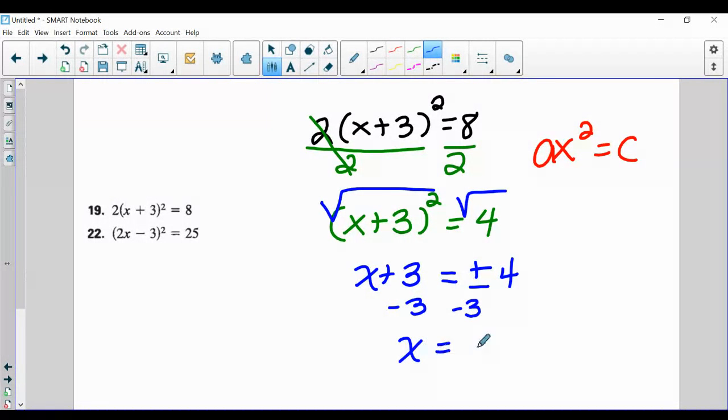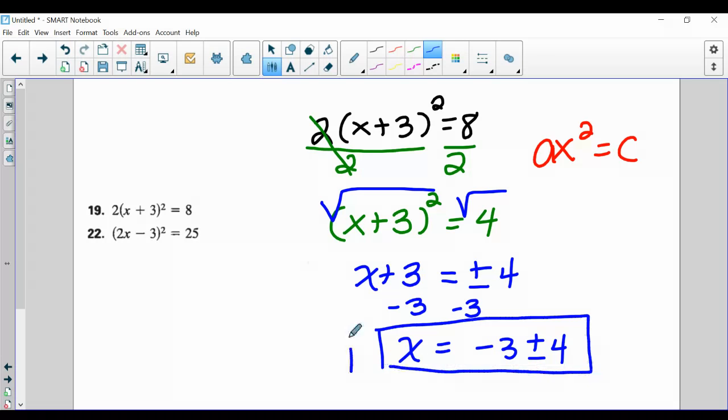And I'll have x equals -3 plus minus 4. So this problem is a little bit different in terms of how to solve. So we will do more problems like this in class. So if you do see any problems like this on your homework or number 22, attempt them and see how you do, and then we'll work with it. We'll work with each other on Thursday.